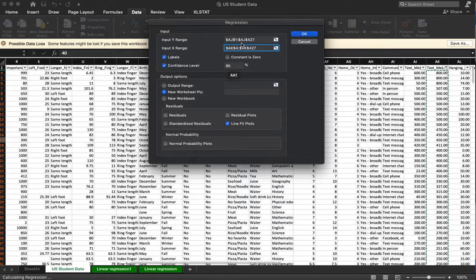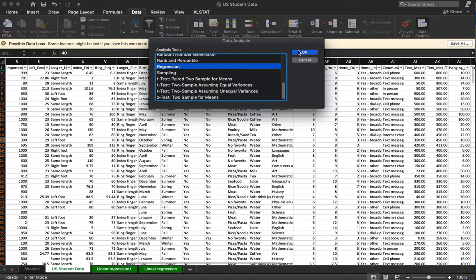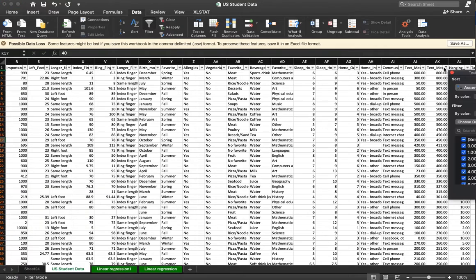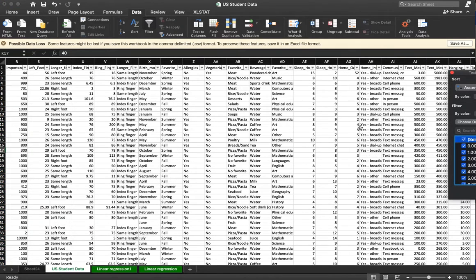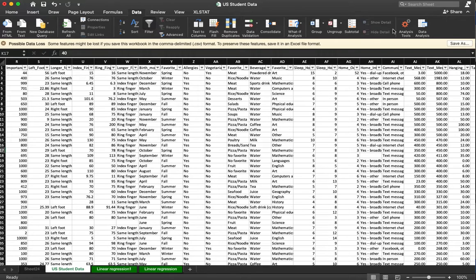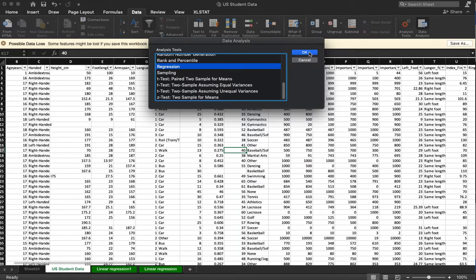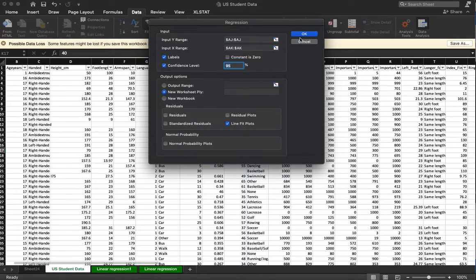Okay, so I've now done this, and somehow I messed this up. Oh, it's the filtering. The Excel version can't handle filters. So we will put everything back in. Now, here we go. This should work.